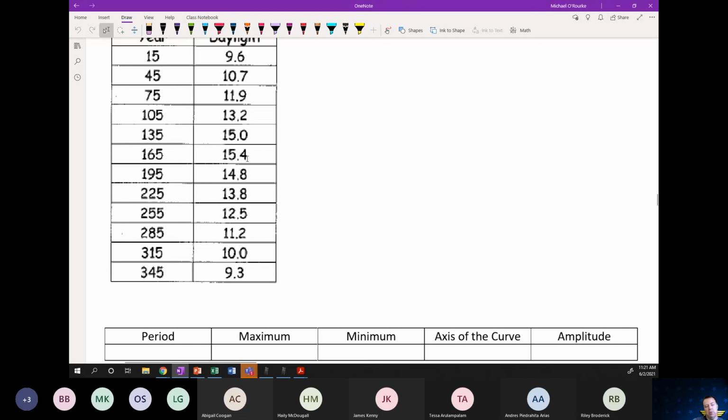Well, a little bit bigger, 15.4 is right underneath it. But 15 is pretty close, so that could be our maximum. And what's our minimum out of all these? Good. 9.3.